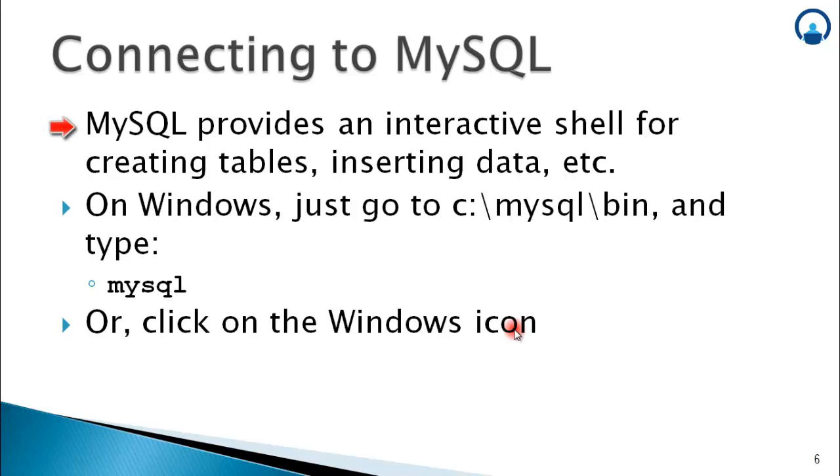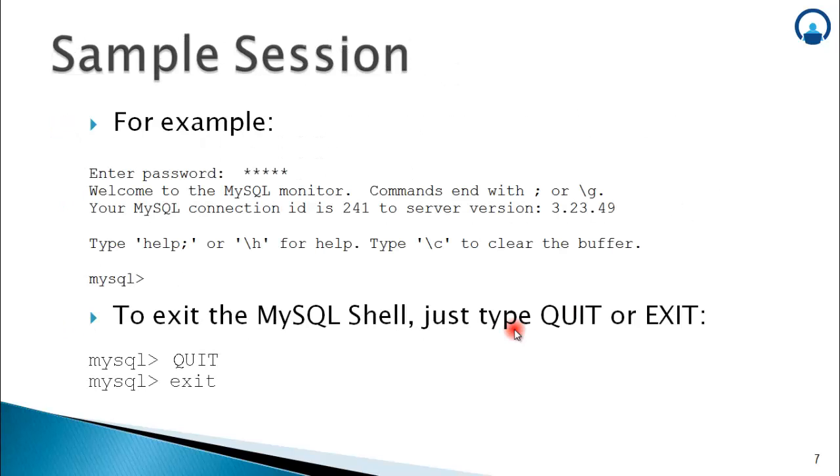MySQL provides an interactive shell for creating tables, inserting data, etc. On Windows, you just have to go to the path c:/mysql/bin and type mysql, or you can click on the Windows icon also. Coming to one sample session where we are seeing how to connect to MySQL.